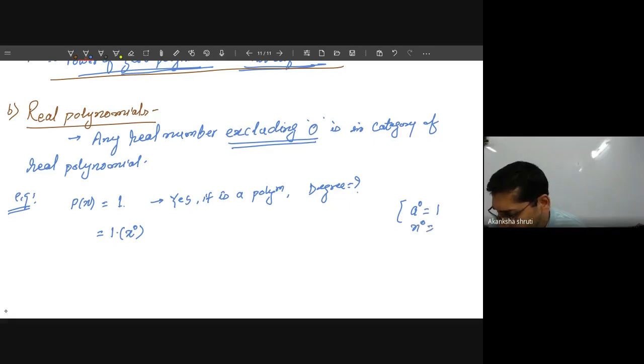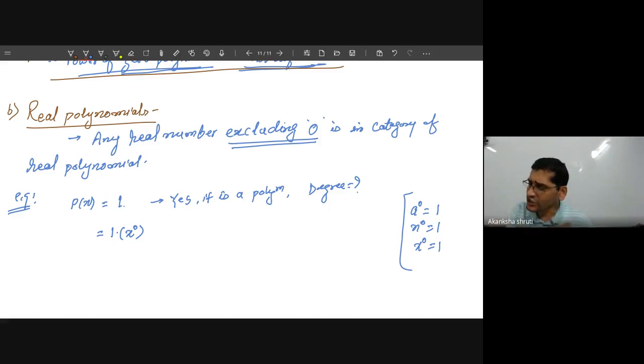N to the power 0 is 1, x to the power 0 is 1. Power 0 always gives 1 only. So the power of x is 0 only. It cannot be other than 0.